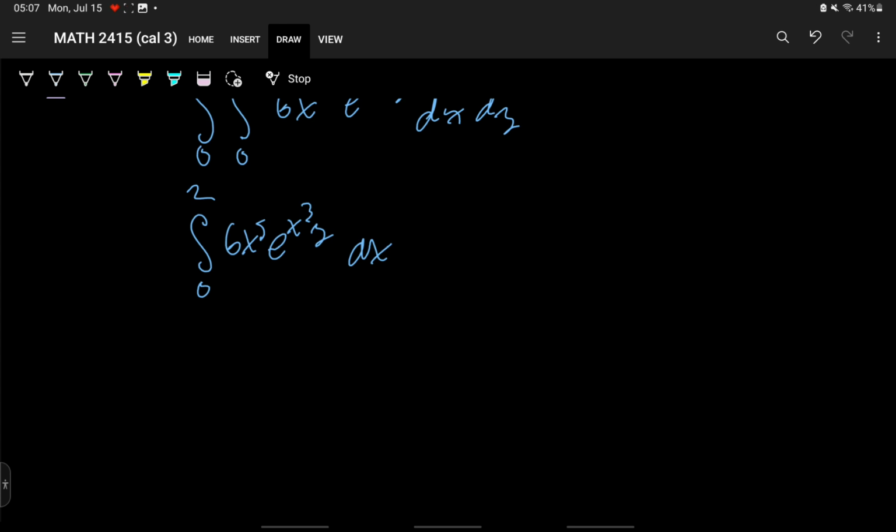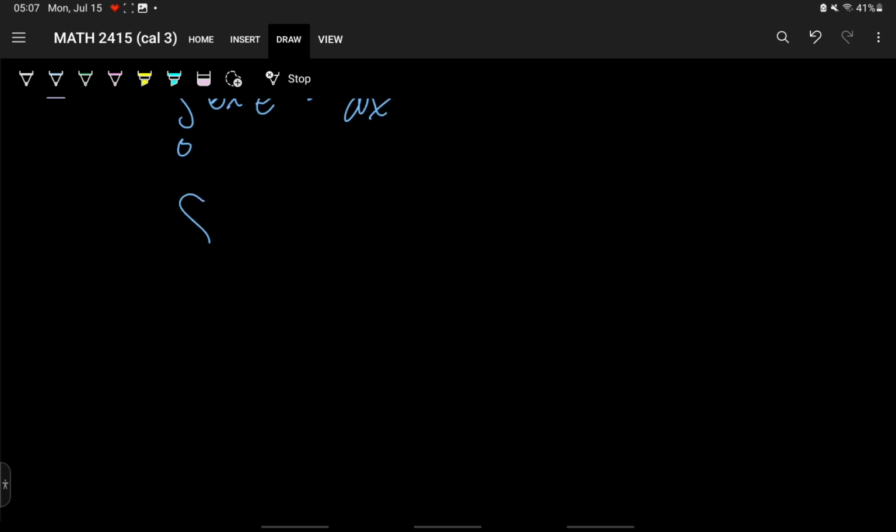We know that x cubed times y is the exponent, so we could take its derivative, which is, hold on, okay, cool. I'm not crazy. Kind of, sometimes.